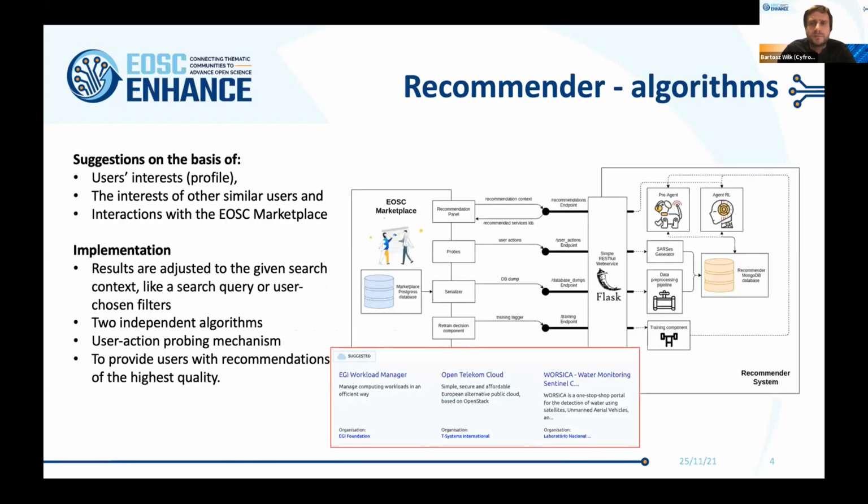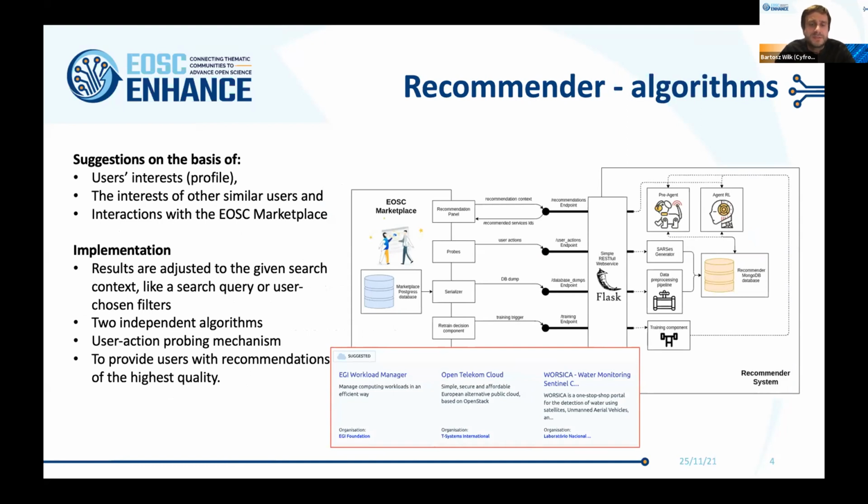So first of all, marketplace recommender system, quite significant job. We've been able to set up a recommender system based on the current state of the art of the recommender systems implementation methods.